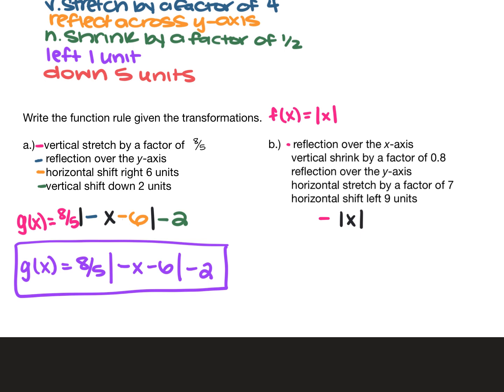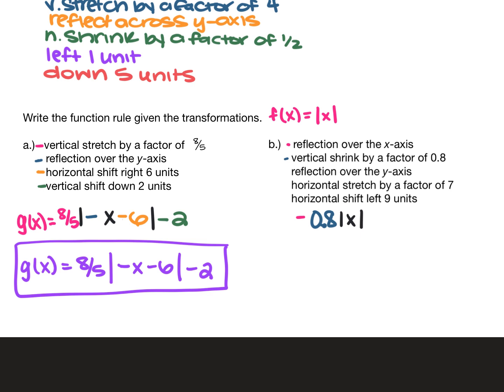From there, we are vertically shrinking. If we're vertically shrinking, whatever our factor is stays what it is, and that factor goes in front of the absolute value bars. So our factor is 0.8. That means we are going to move this negative to be in front of the 0.8. So now we have the opposite of 0.8 times the absolute value of x.